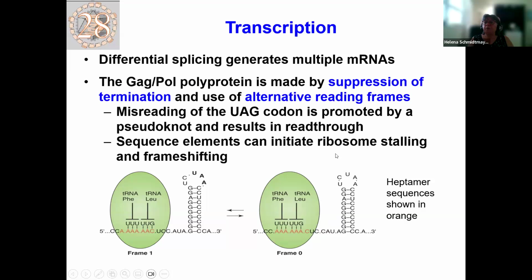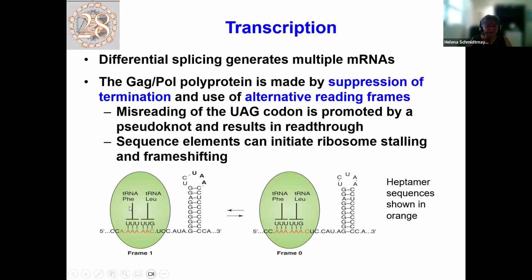And they are also polyadenylated, and they have capping. Now, how can the polyprotein be synthesized? When the mRNA, which contains GAG-POL, is synthesized, the synthesis of polyprotein is enabled by alternative reading frames.